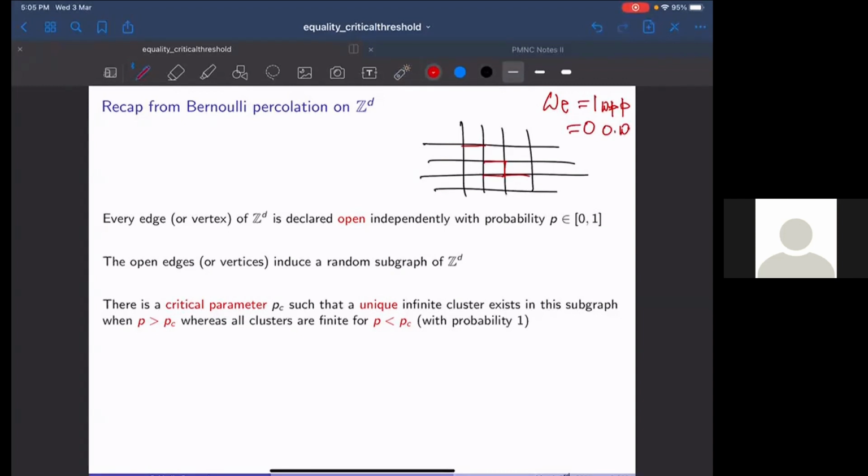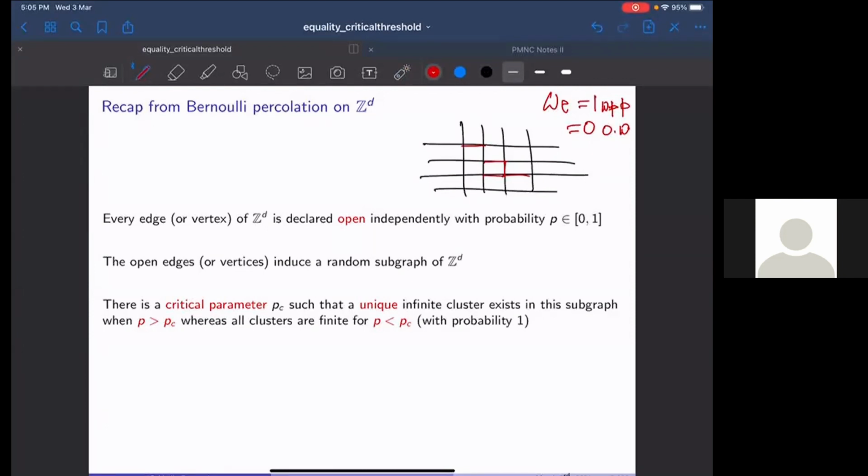So these are the edges that don't stay in the graph that results from your experiment, and those are the edges that stay. These red, open edges define a subgraph. More generally, you're starting with an infinite connected graph. That's your background. And you perform this coin tossing experiment, if you might, and then you obtain a random subgraph, which is induced by these red, open edges.